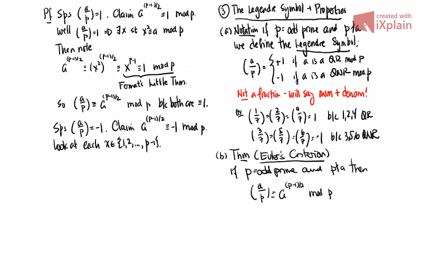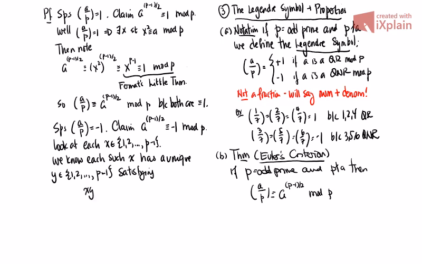For each such x, we know it has a unique y, also in that set, satisfying xy is congruent to a mod p.